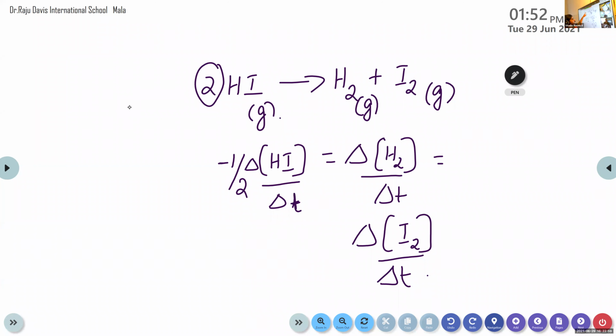Here 2HI gives 1 H2 molecule and 1 I2 molecule, right? Then all the stoichiometry should be maintained to unity. If any coefficient is there in the equation, you just substitute this one as denominator along with the reactant or product. We can do one more example, then it will be clear.